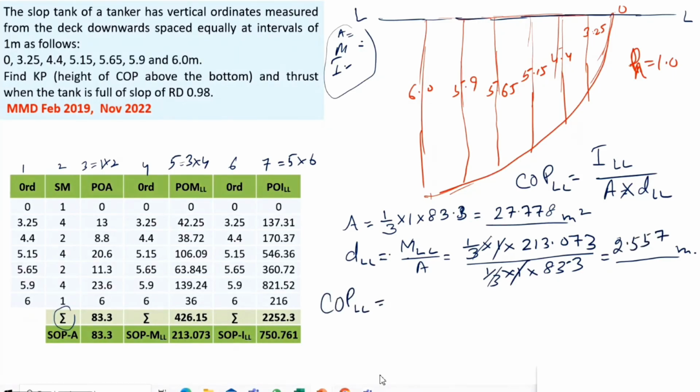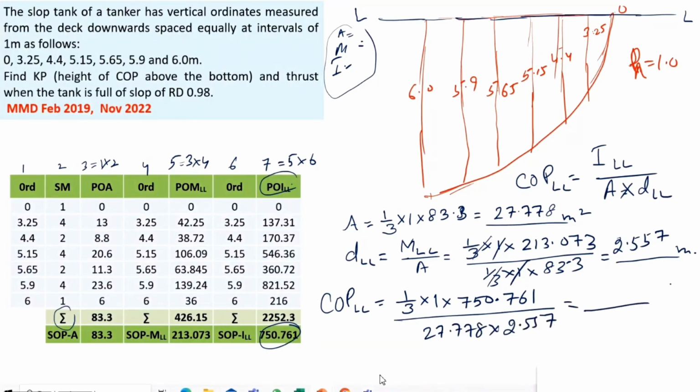ILL will be equal to coefficient 1 by 3. Why? Because fortunately my SOP is about liquid level itself. So 1 by 3 into 1 into 750.761 divided by area 27.78 and also DLL 2.57. This gives me COPLL.